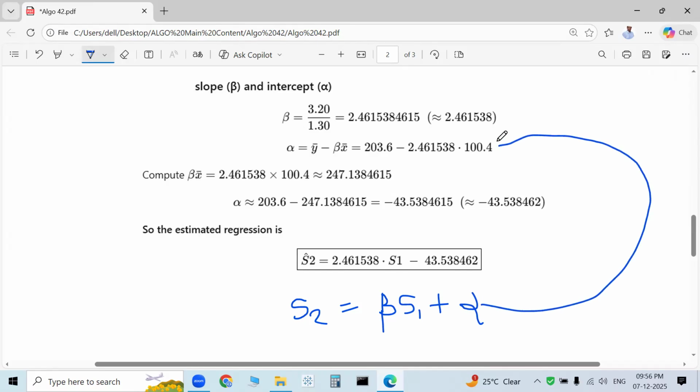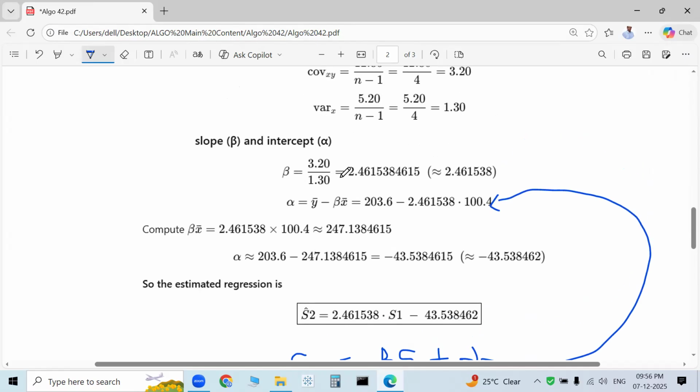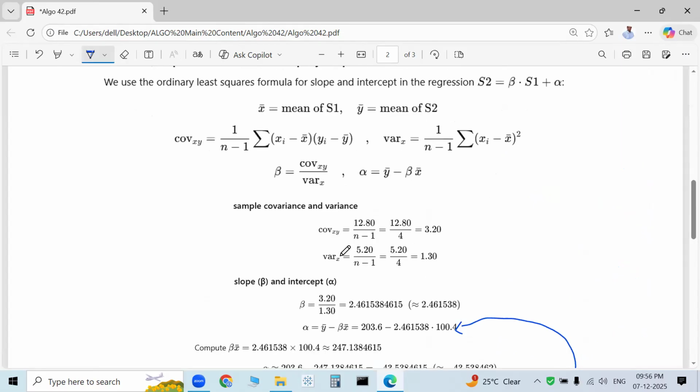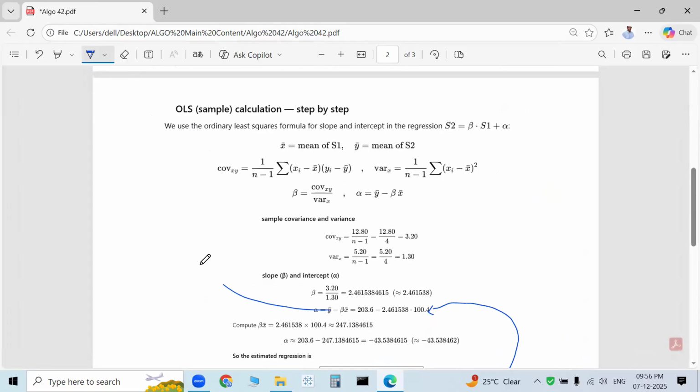Alpha is this value: y bar minus beta x bar. What is y bar? Y bar is basically the mean of stock number 2. X bar is the mean of stock number 1.